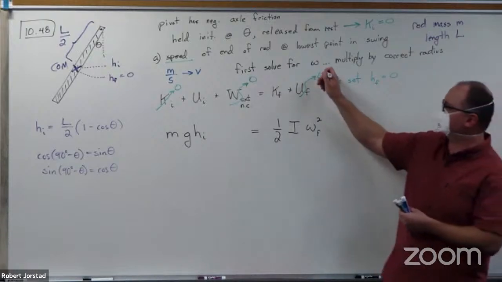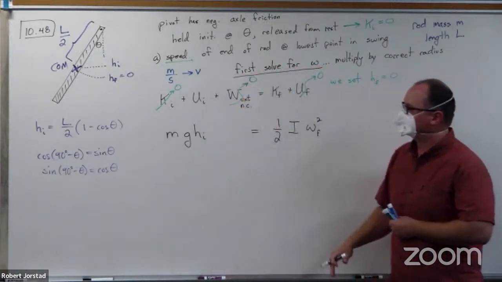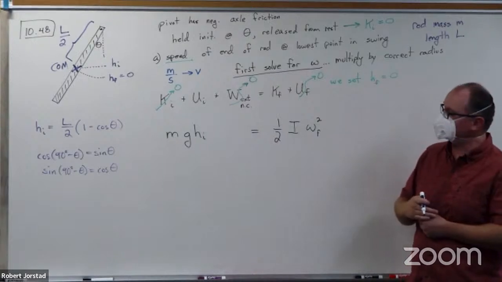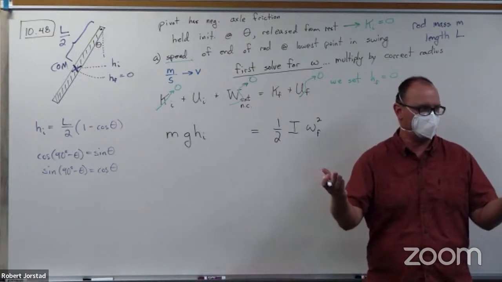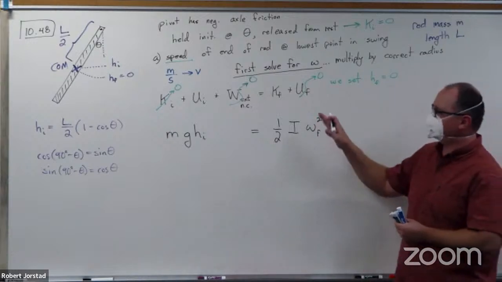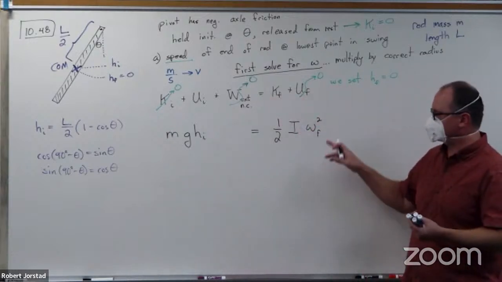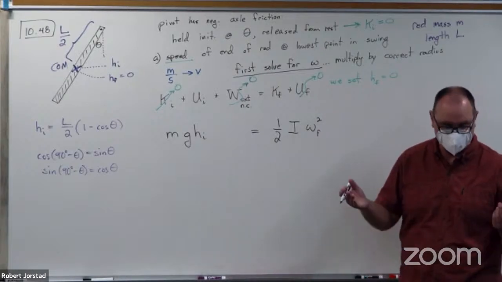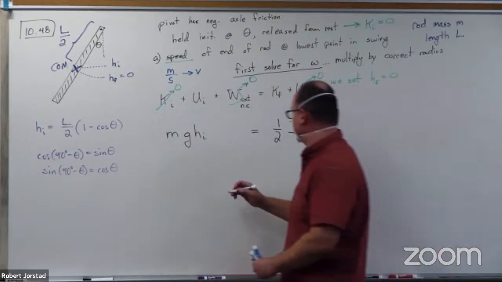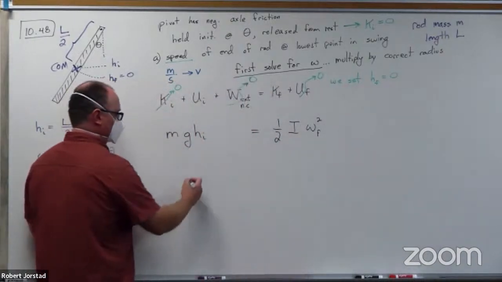If we can first solve for omega, then multiply by the correct radius, we've got the speed we want. And that's the new style. So rather than plug everything in first, solve for omega, then plug in. Okay, what's omega then? You can do this in your head, right?